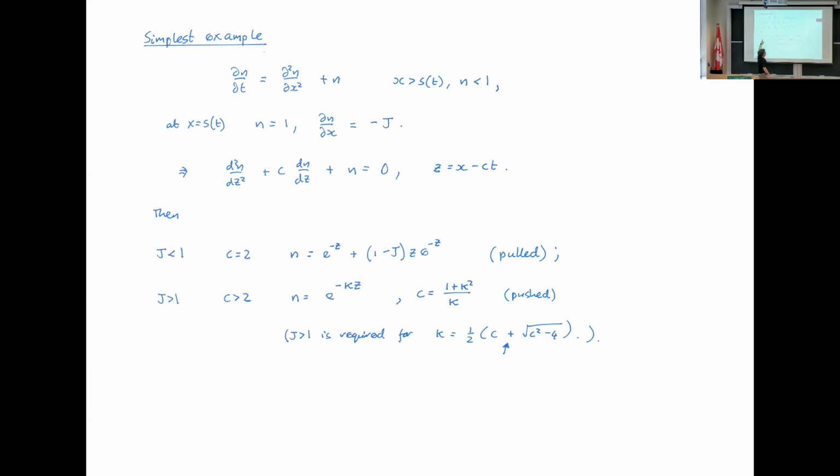But if J is bigger than 1, this clearly doesn't make sense because this term's going negative, and you can't have a negative profile of the cell volume fraction in the far field. So if J is bigger than 1, you get a single exponential, and it's the one with the positive sign of the square root from the quadratic for damped simple harmonic motion, and that gives you the wave speed in that case. So this is only the fast decay rather than the slow decay if J is bigger than 1. So there is a clear complementarity between those two situations.